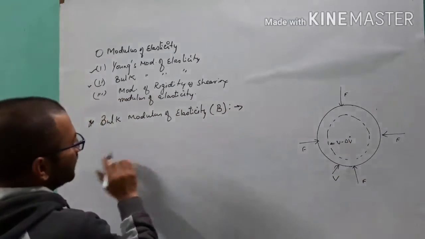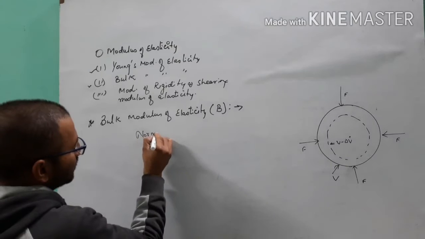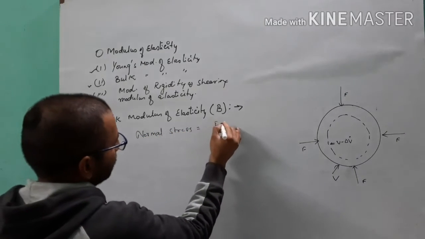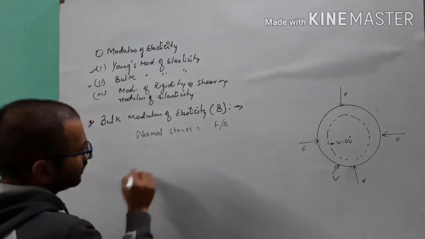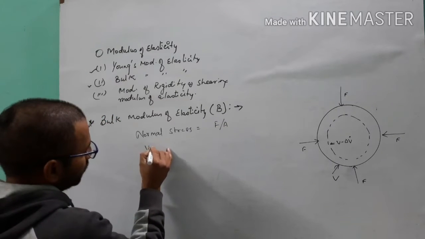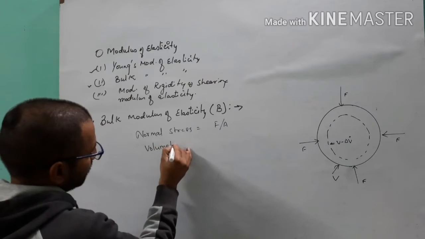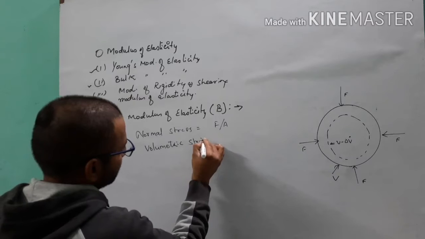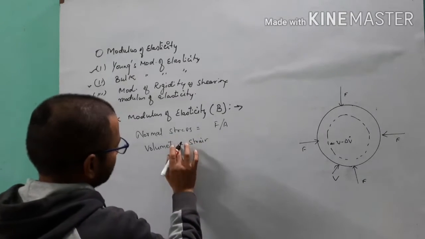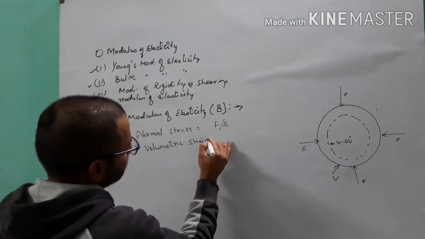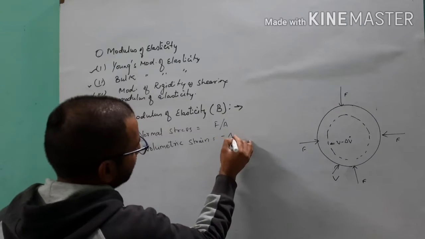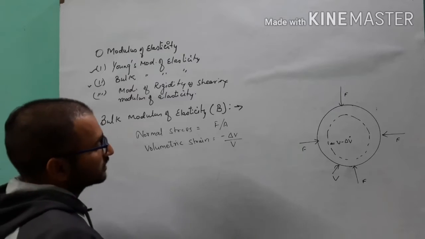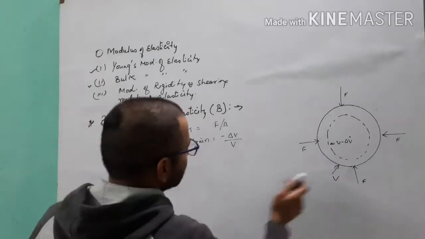At that time we have normal stress, which is F over A, same as earlier, and volumetric strain equal to minus delta V over V. Here the volume is reduced, which is why this negative sign comes, final minus initial.